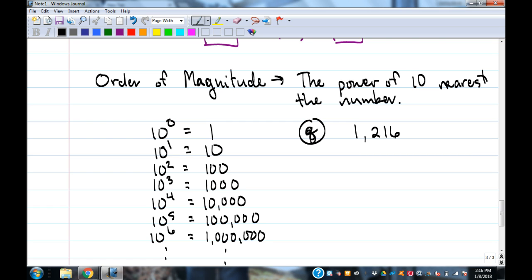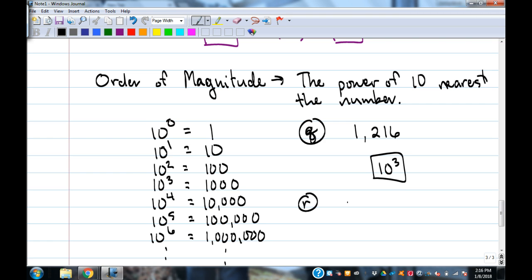It's closer to 1,000 than it is to 10,000. So its order of magnitude would be 10 to the third. If we're asked to find the order of magnitude, we're just trying to see what number this is closest to on the powers of 10.